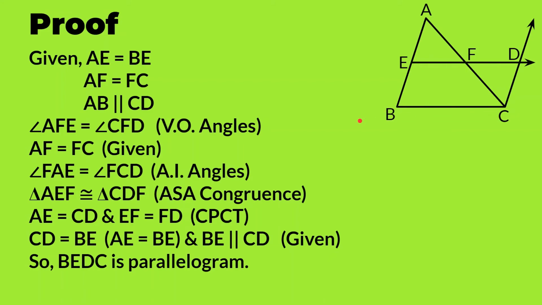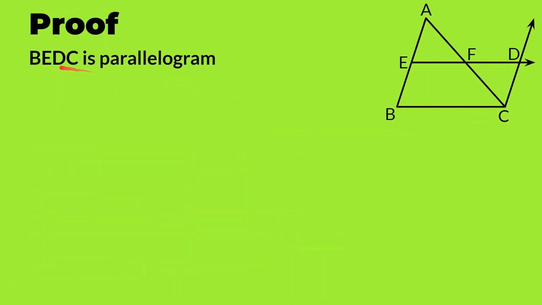So this is the first part of the statement of the midpoint theorem, while the second part is that EF is half of BC. So we'll prove that using EF is equal to FD. So we know that BEDC is a parallelogram, and ED is equal to BC, because they are opposite sides of a parallelogram.